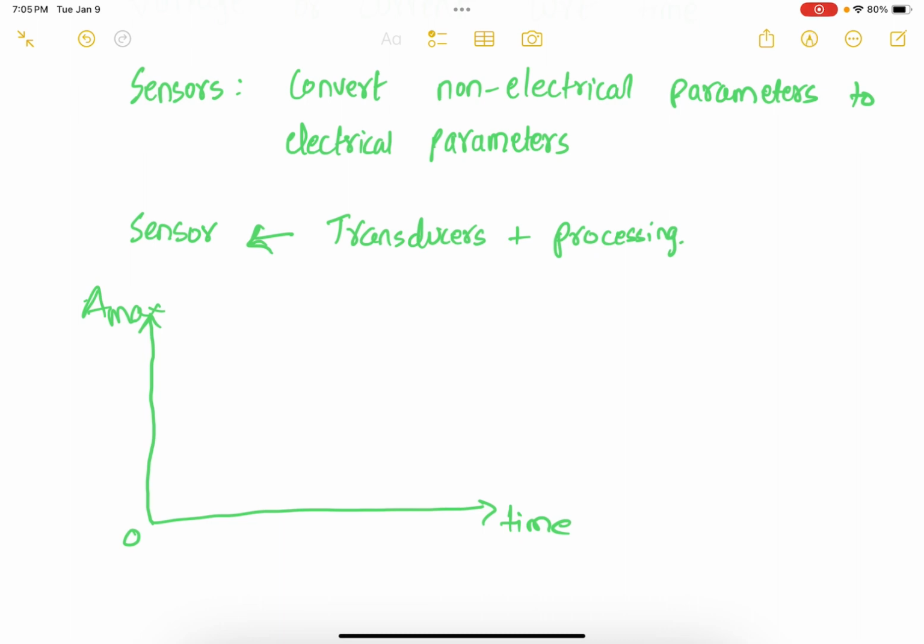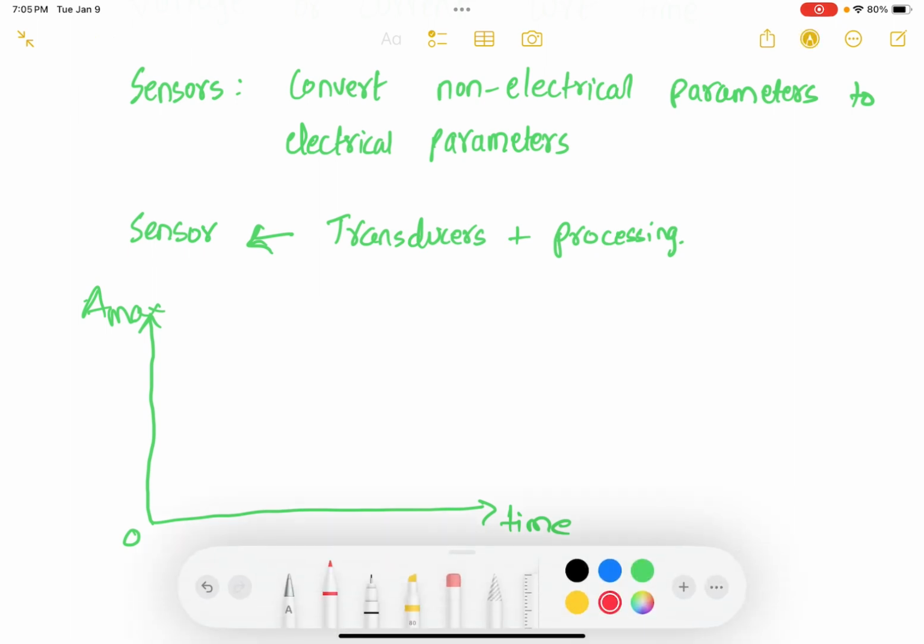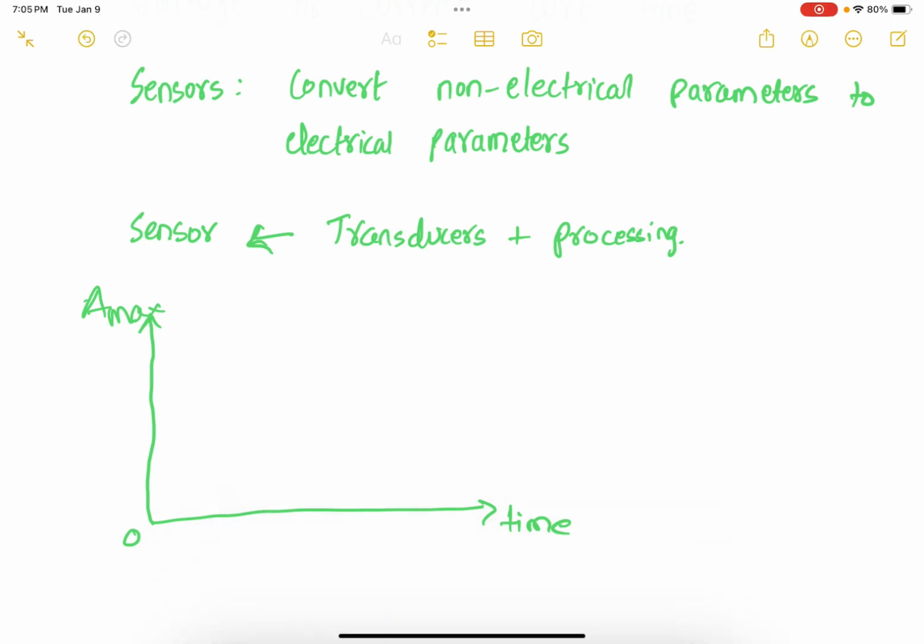It can be negative as well, but let's just deal with the simplest case where the amplitude goes from 0 to A max. And my analog signal can look something like this. As you can see, the signal is continuous over time and it can take any value between 0 and A max. So this is an analog signal.